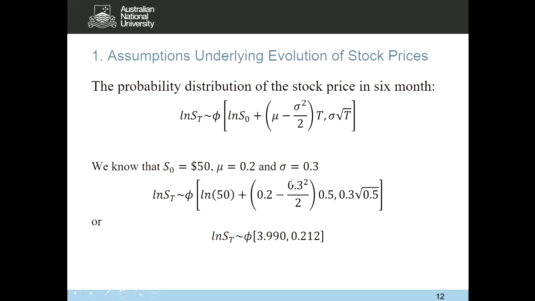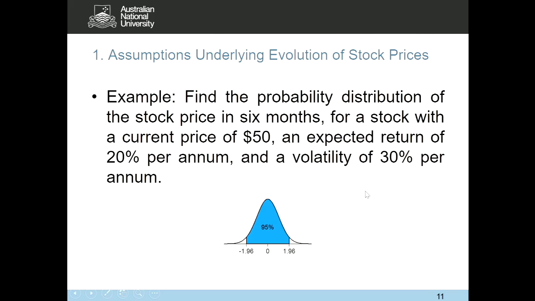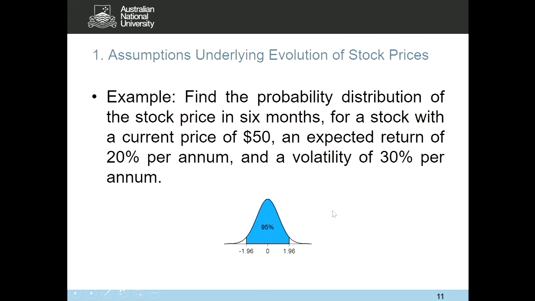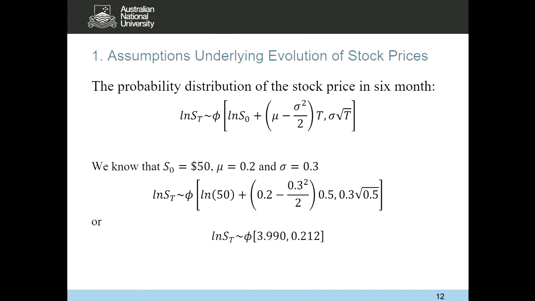So that's 0.3 squared over 2, and times 6 months. So that's expressed in a fraction of a year. So that's 6 over 12, 0.5. And what we have derived earlier on was the variance, right? So the variance is sigma squared times t. The volatility or the standard deviation is simply the square root of that. If you take the square root of the variance, what you get is sigma times square root of time t.